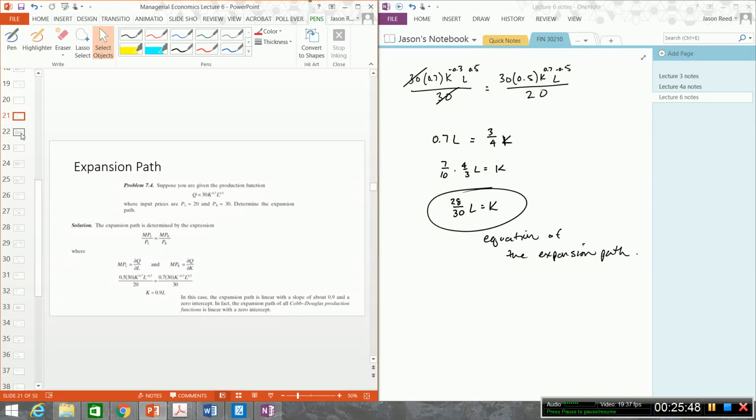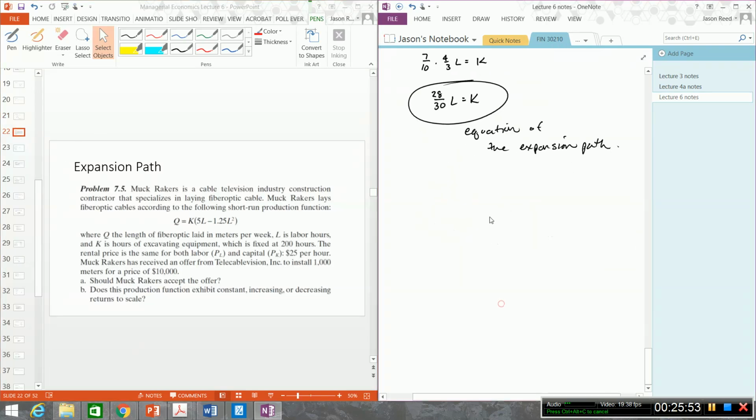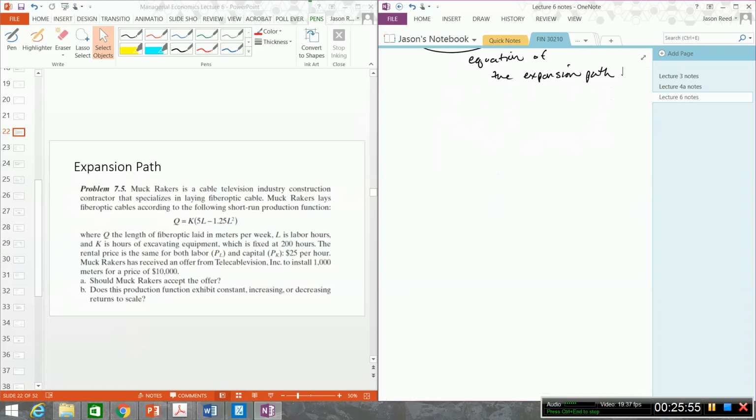So we can continue looking at some more problems here. So for us, problem 7.5. Muckrakers is a cable television industry construction contractor that specializes in laying fiber optic cable. Muckrakers lays fiber optic cables according to the following short-run production function: Q is equal to K(5L minus 1.25 L squared).